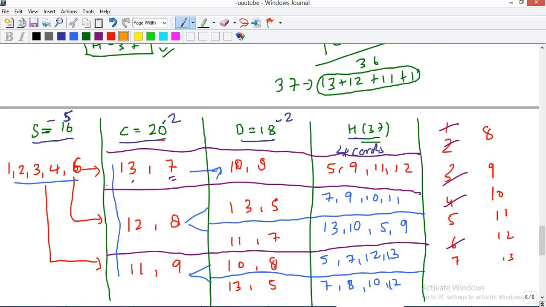Now if you observe, king is denoted by 13. Now if she says her king is of black color, so 13 is coming here in black.